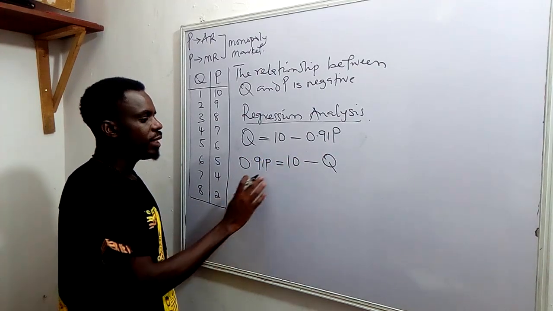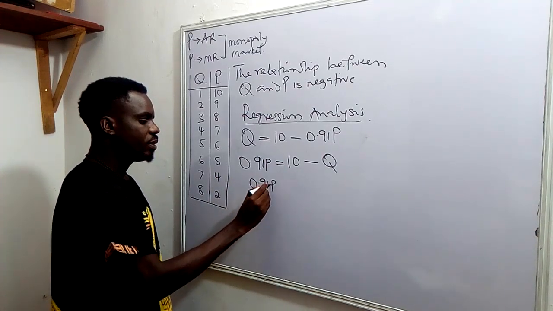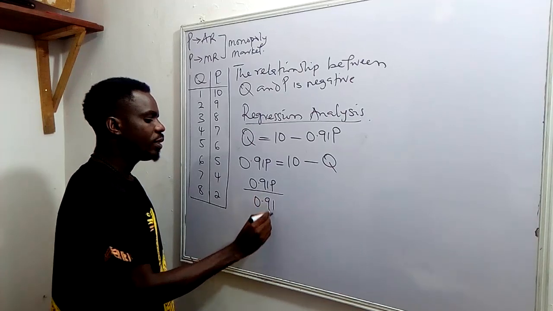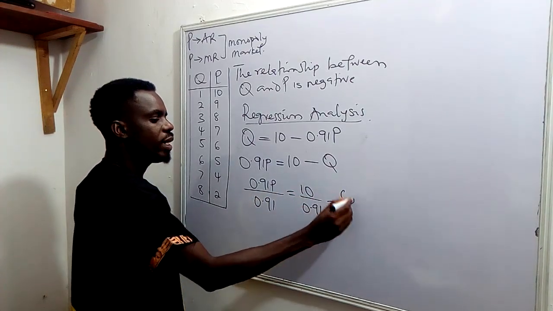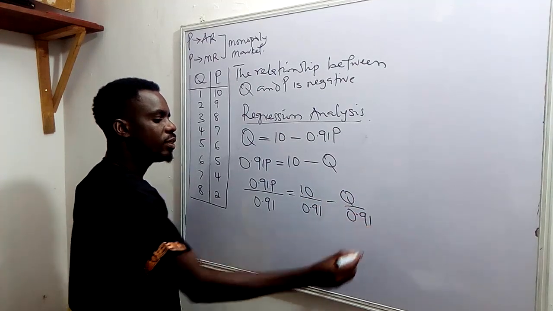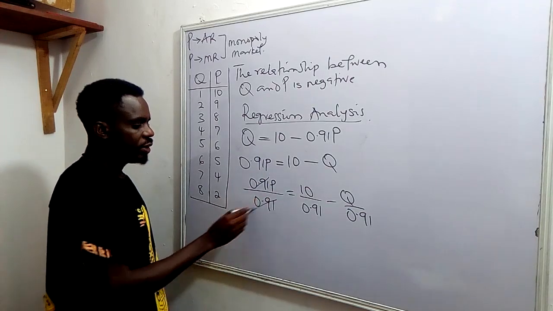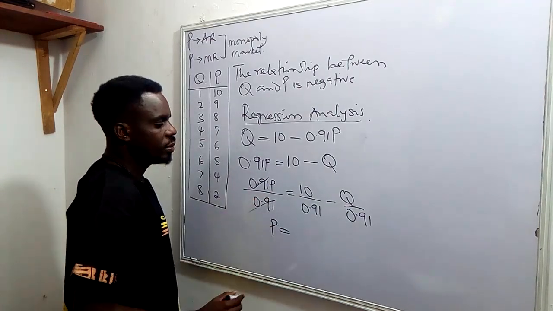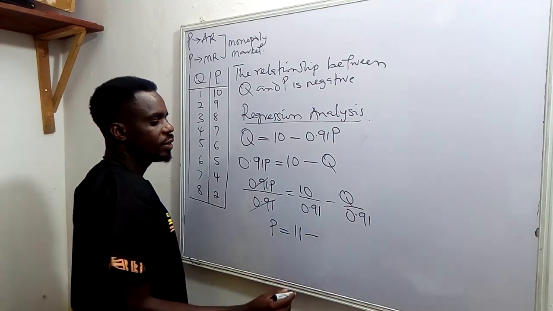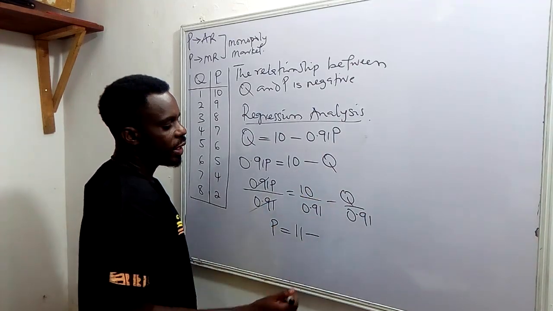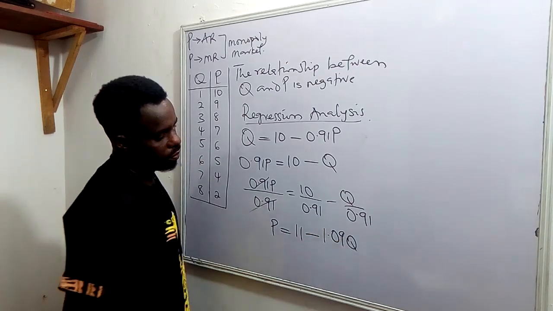By dividing both sides by 0.91, we have 0.91P divided by 0.91 equals 10 divided by 0.91 minus Q divided by 0.91. This cancels out, so P is 10 divided by 0.91, which is 11, minus 1 divided by 0.91, which is 1.09Q.